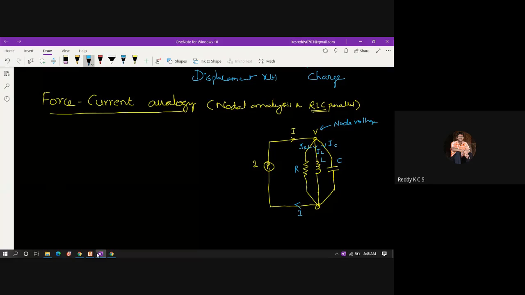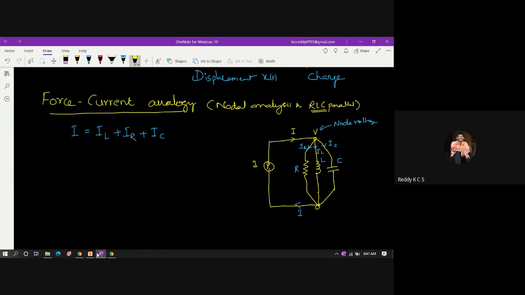We apply Kirchhoff's current law, so I can write I is equal to IL plus IR plus IC. Then I can calculate the current in each individual component.